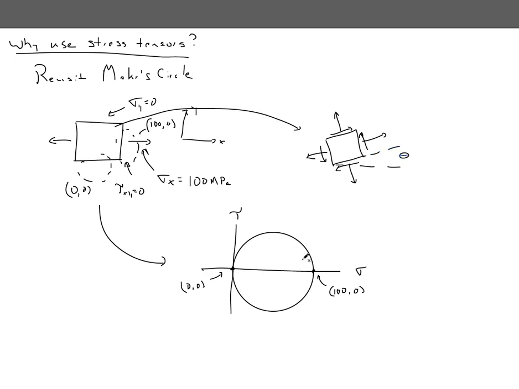And of course, Mohr's circle is rotating at twice the rate of our element. So this is going to be 2 theta, and this will be the stress associated with that rotation.